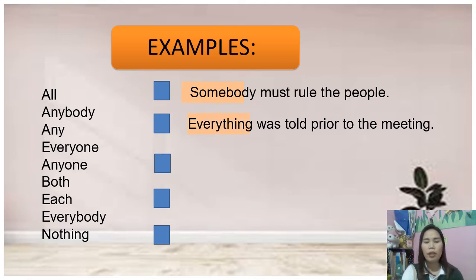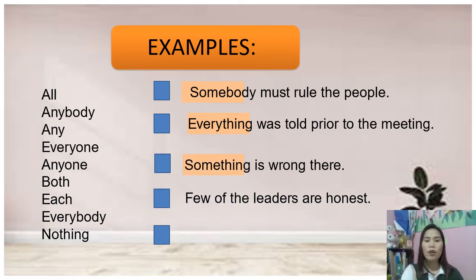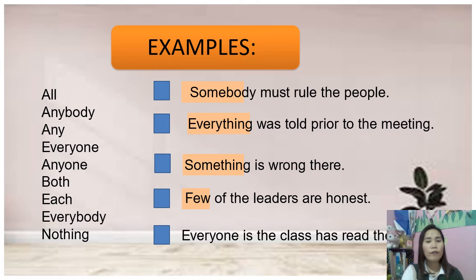So that is everything. Next, something is wrong there. So that is something. Next, few of the leaders are honest. So that is few. Everyone in the class has read the novel. So that is everyone. So again, indefinite pronouns do not point out anything or anyone.